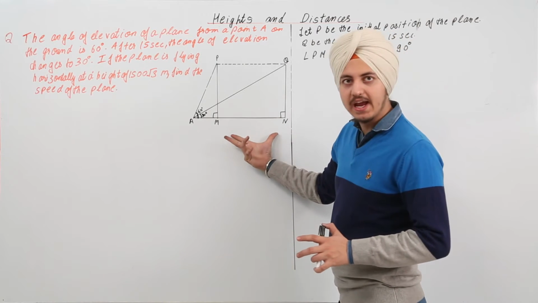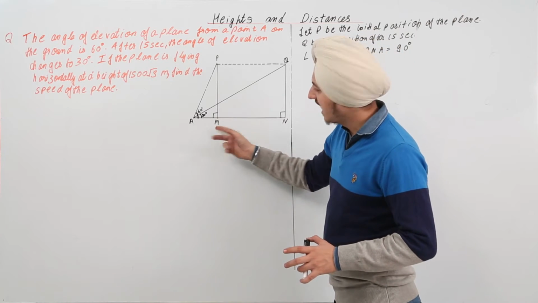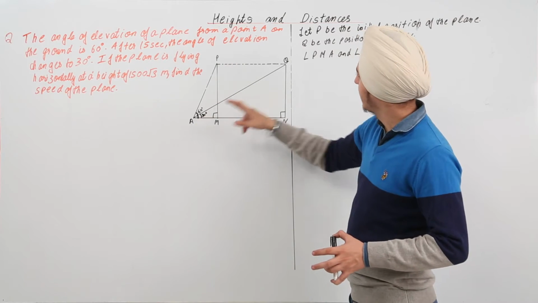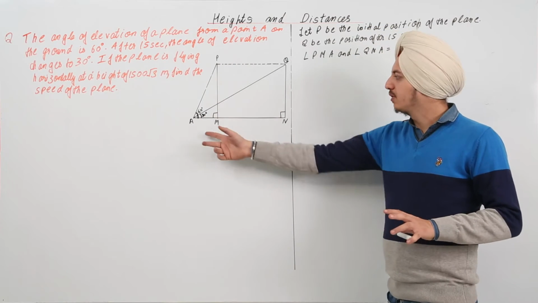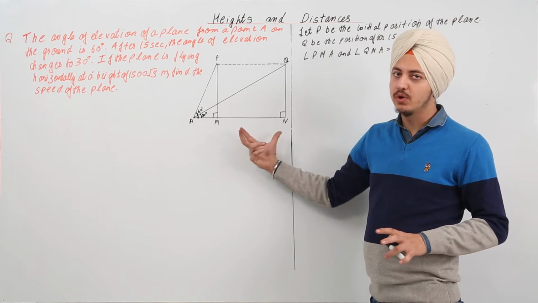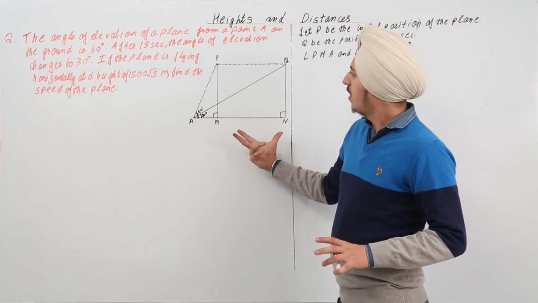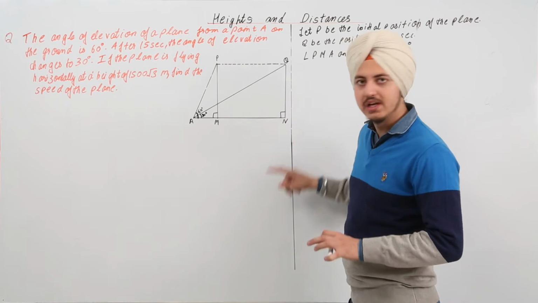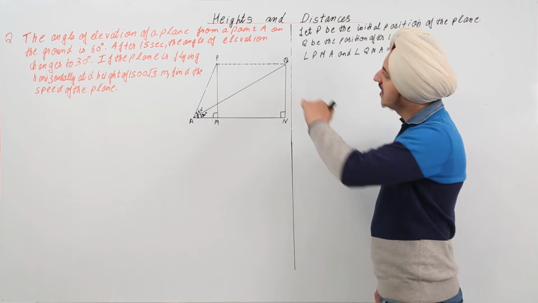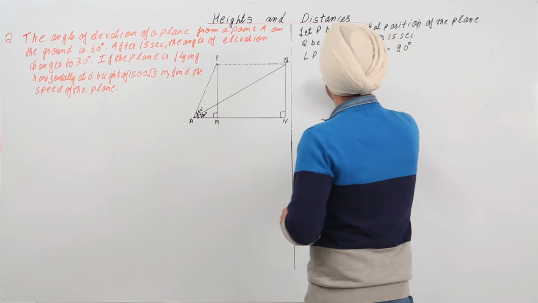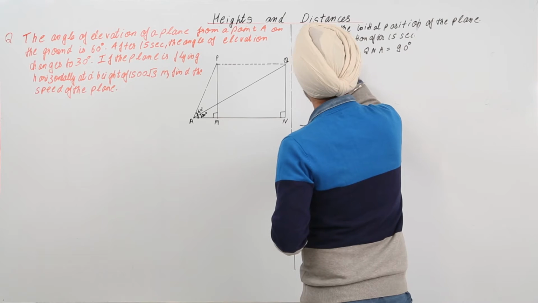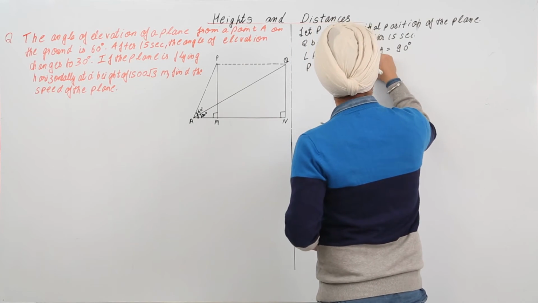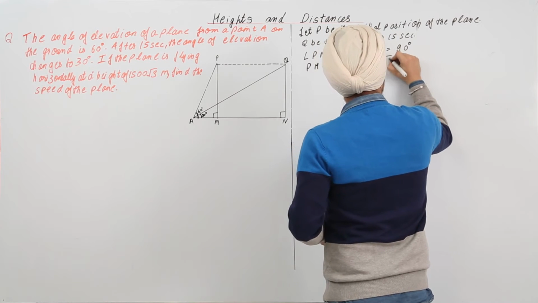So to find out MN, we find out AM and we find out AN from triangles APM and AQN. If we are able to find both these distances, we can subtract them to get MN, right? Now what do we know? We know that PM and NQ are both equal to 1500 root 3 meters.